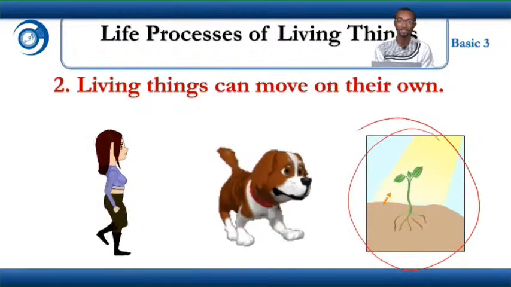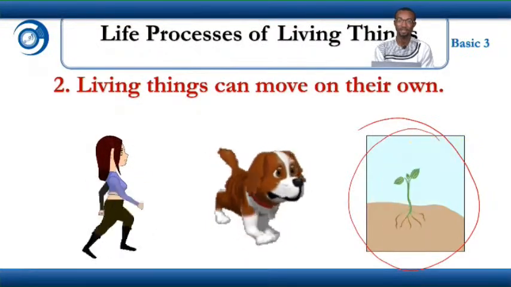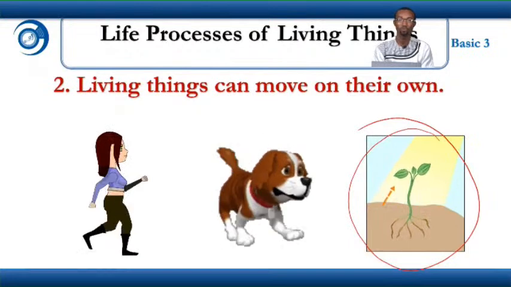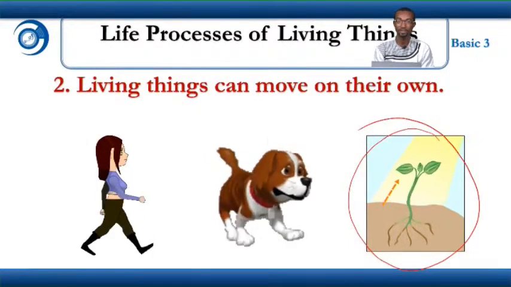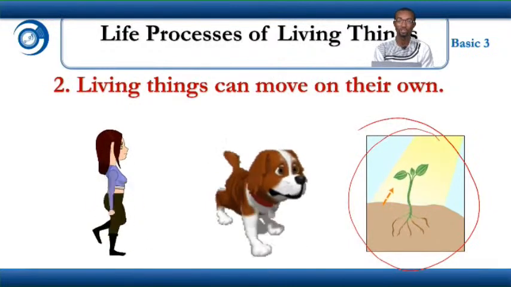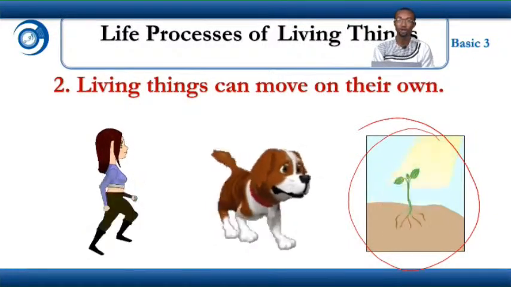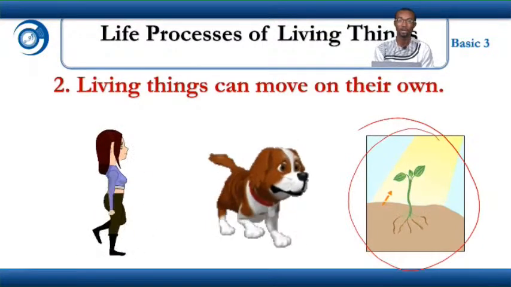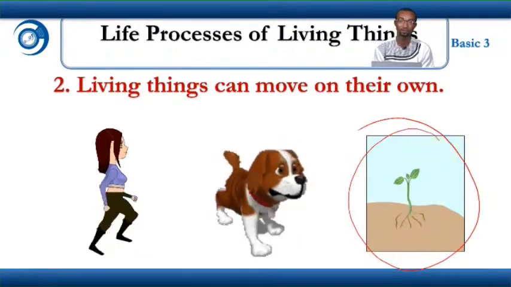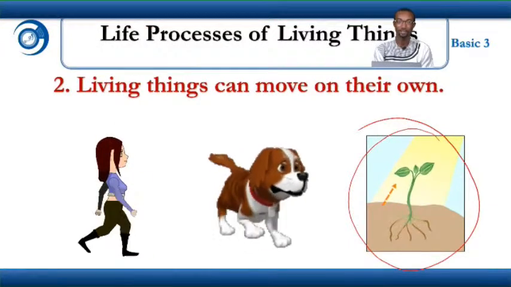So you can see that when the sun started shining, the plants moved towards the sunshine. So plants can also move on their own. They don't uproot from the ground and then move, but they turn around towards sunlight.